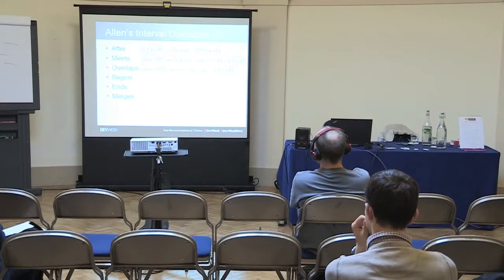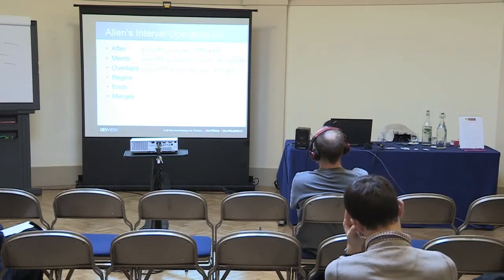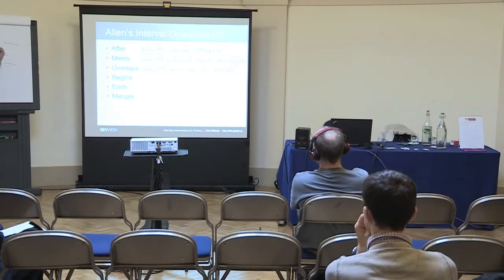So I must have an additional condition, and the additional condition says that this is the logical end. Begin of the second must be before end of the first one. So you see, begin of this one is after this end. And begin of this one is before this end, while begin of this one is before this end, so they do overlap.